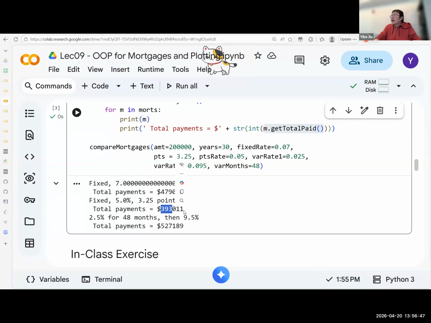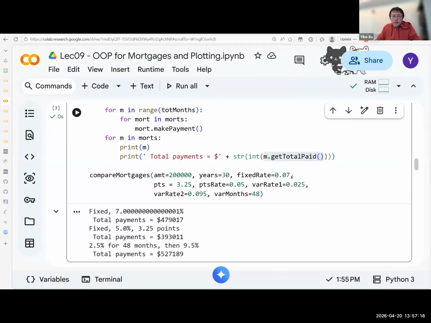So it turns out, even though you spend a little bit more at the beginning, in the end the total amount is significantly less. And finally, for 2.5% for the first 4 years and then the rate significantly increases to 9.5%, it's going to be much more, about 527K.